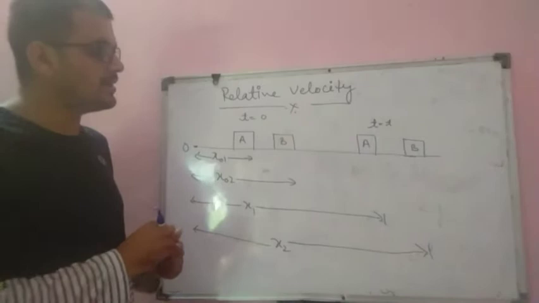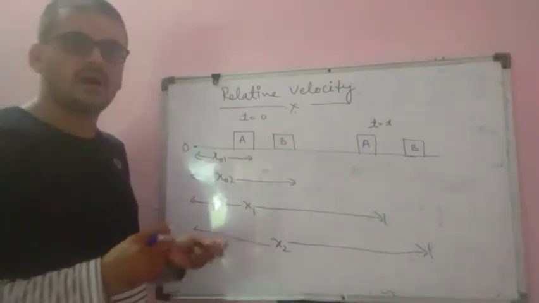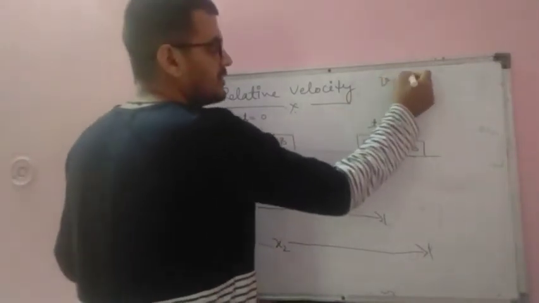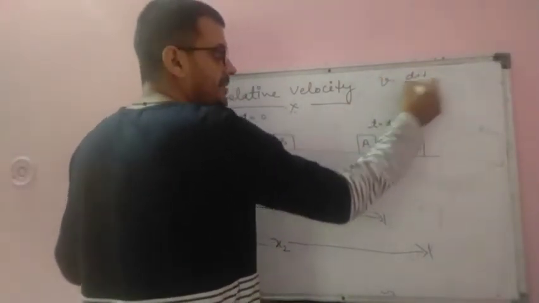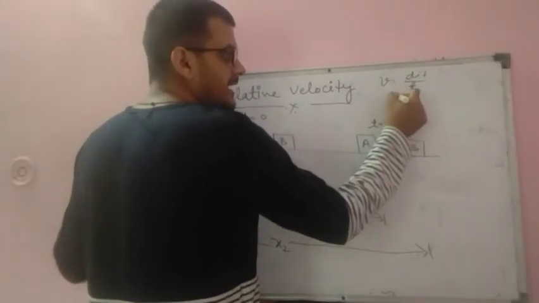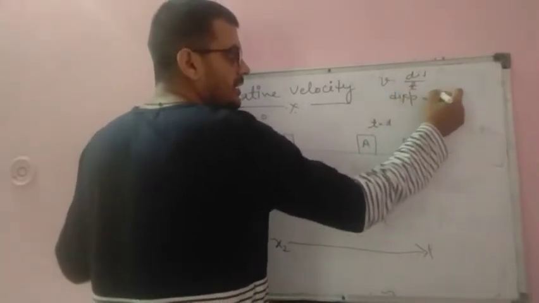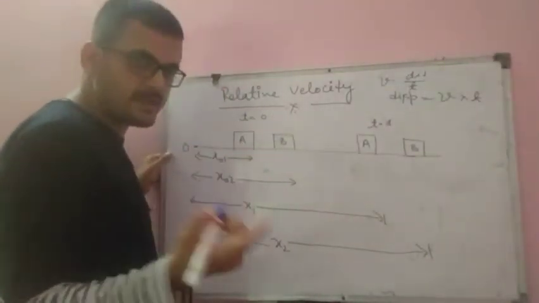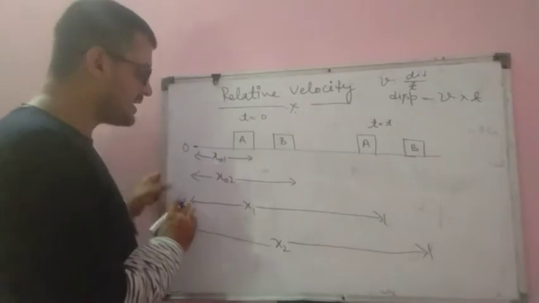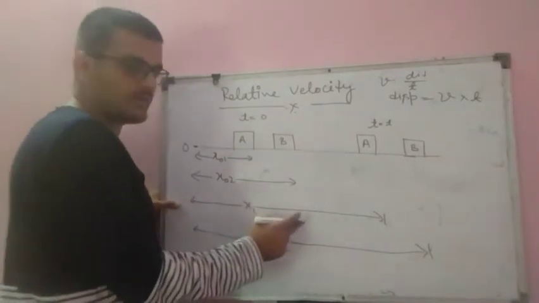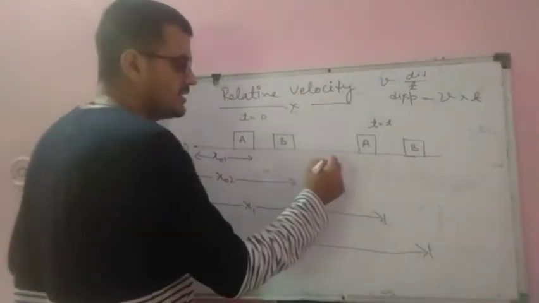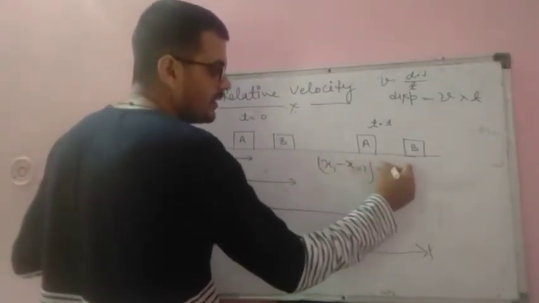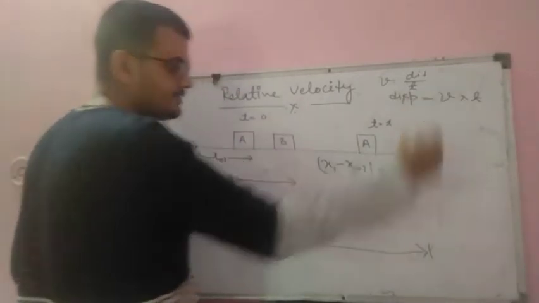Now students, we will calculate the displacement. As we all know, velocity equal to displacement upon time, so displacement equal to velocity into time. How will we calculate the displacement? Final position minus initial position. First we calculate the displacement of object A: x1 minus x01 equal to V1 t.